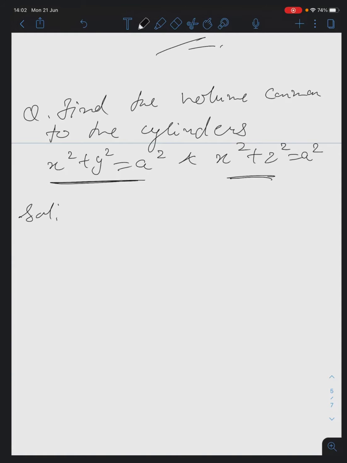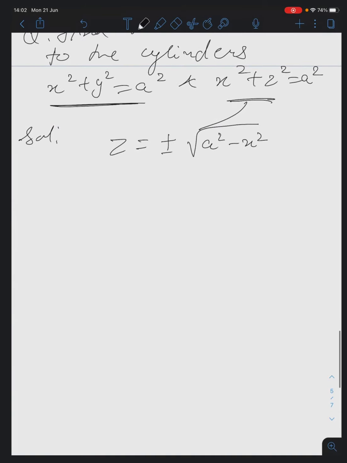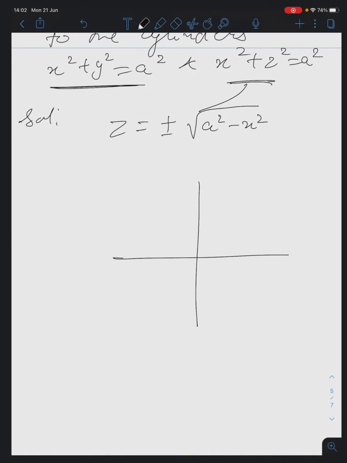Okay, and from equation 2 you will have z is equal to plus or minus root over of a square minus x square. Understood? And in the xy plane this is nothing but a circle, that is x square plus y square is equal to a square.